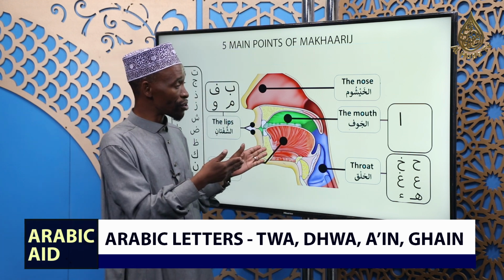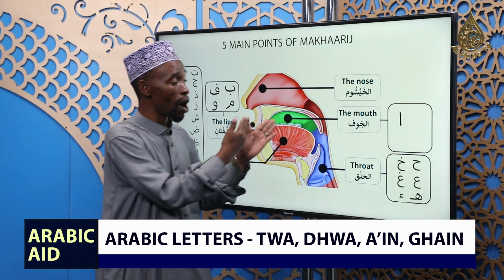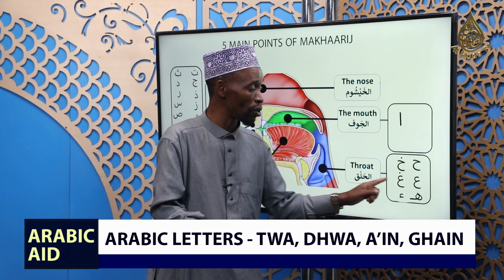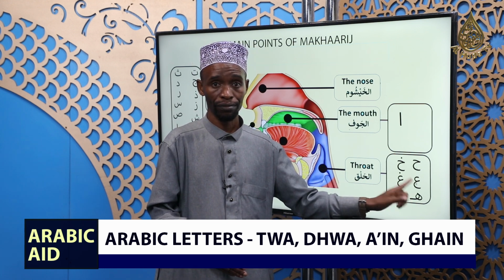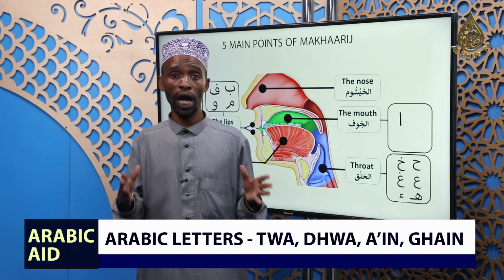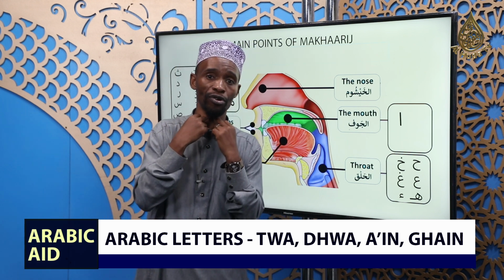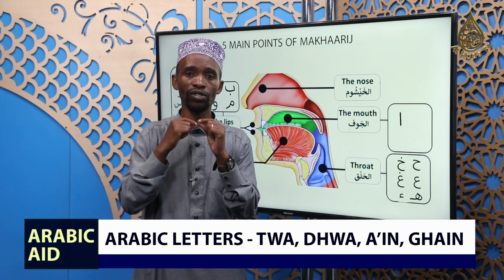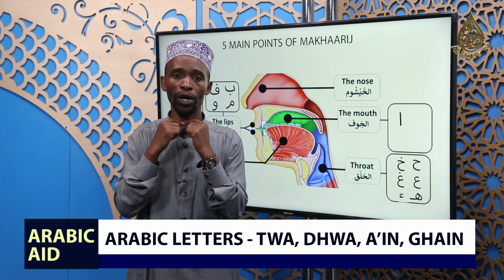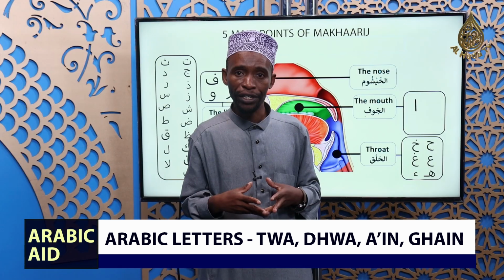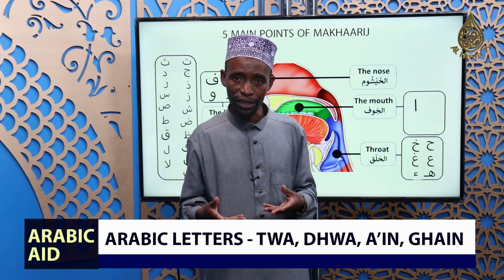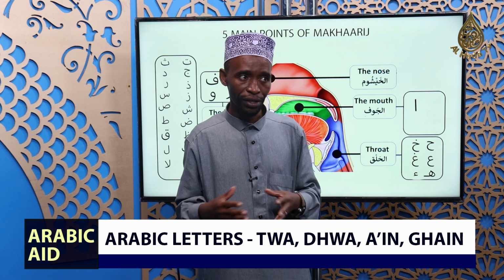On the diagram, the makharij for Ain is the throat. Ain is pronounced from the middle of the throat. It is close to a sound made when you are trying to vomit. Ain, Ain, Ain.